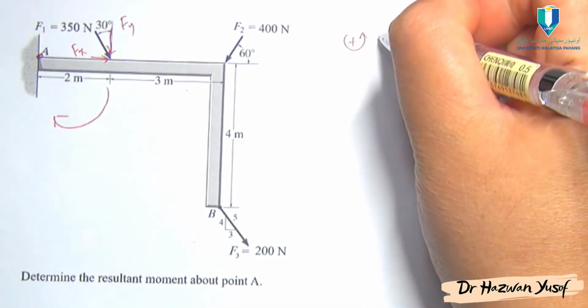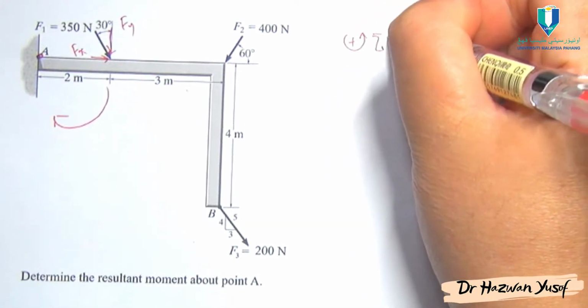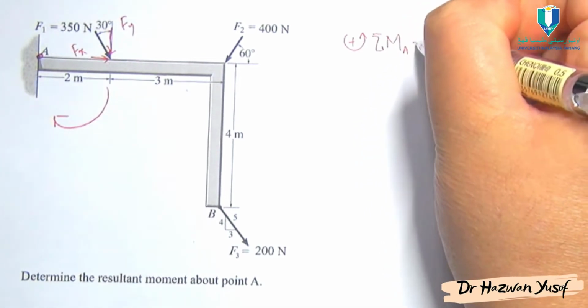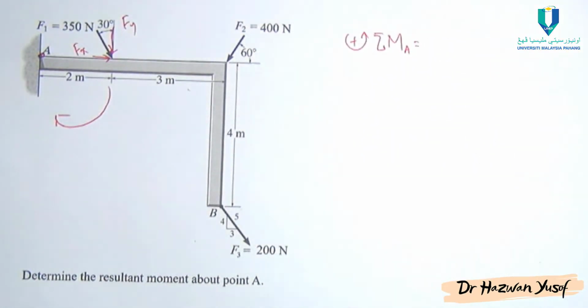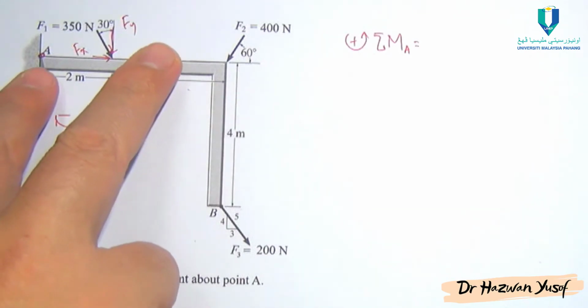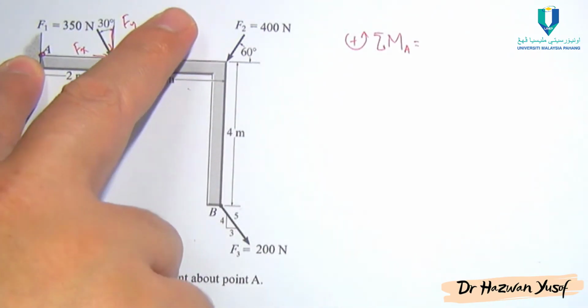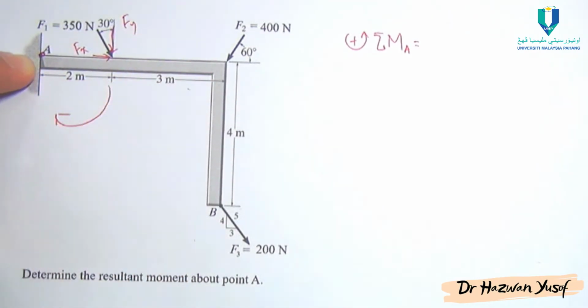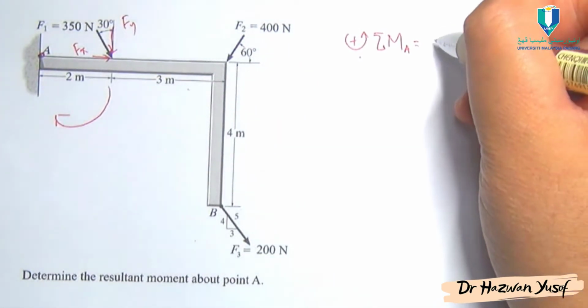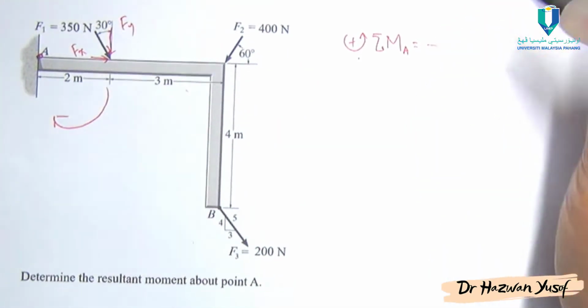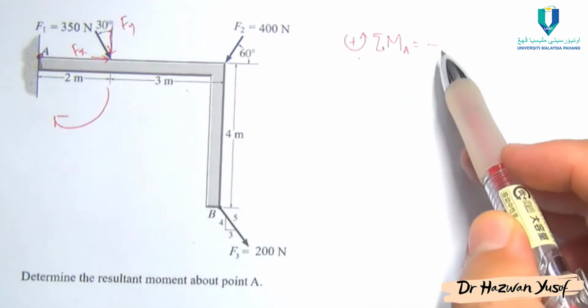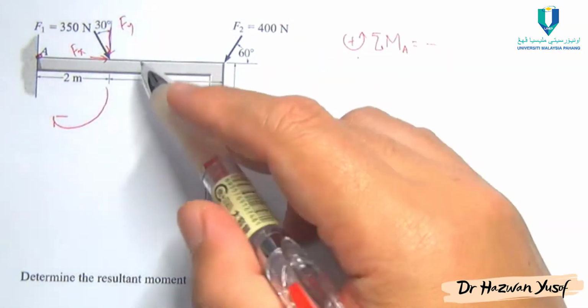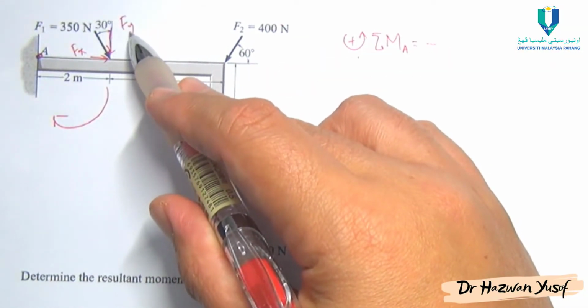counterclockwise to be positive. Total of moment at point A. As already mentioned, Fy here rotates like this, therefore this one will be clockwise rotation. Our assumption is counterclockwise is positive, so because it is clockwise, it will be negative Fy. So Fy here is what?